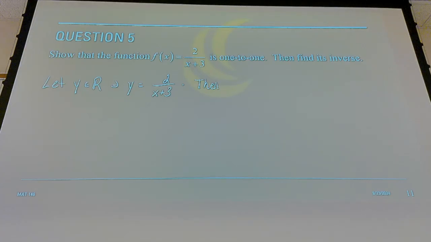And how would you solve that? Where would you start? It was already said. There's someone sitting in the back. Cross multiplication. Multiplied by the common denominator, which is x plus 3 in this case.